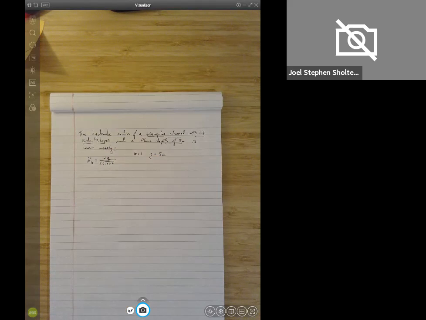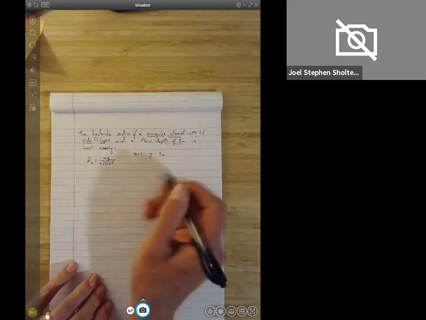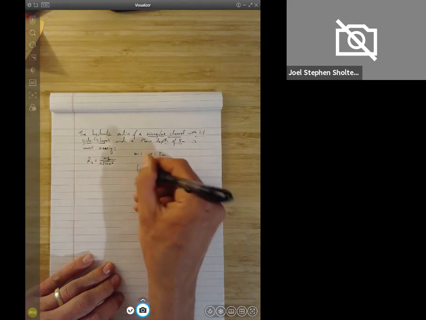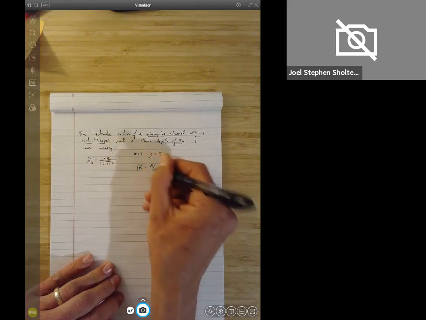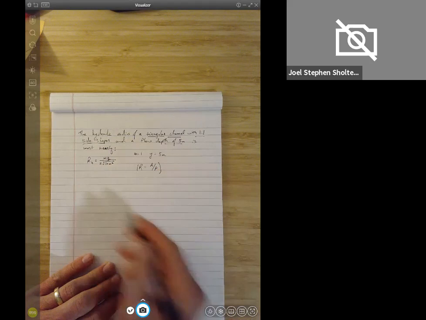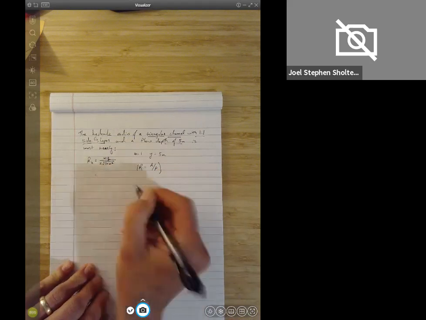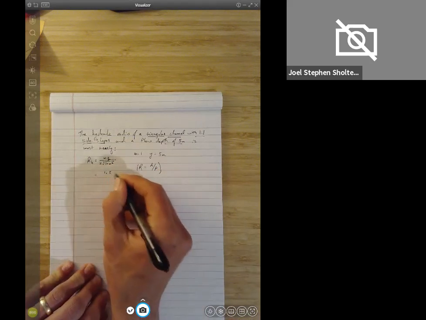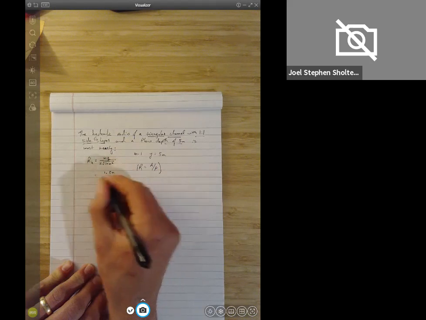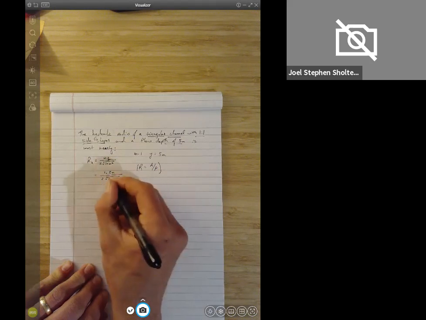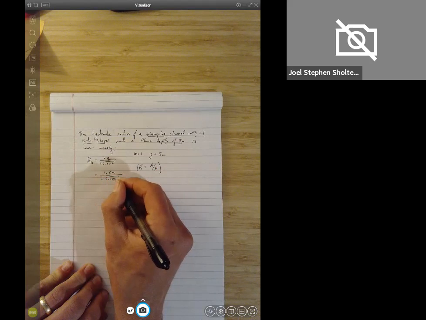It doesn't matter, it's just the formula for area of a triangle over the perimeter of a triangle. R is equal to area over perimeter. Okay, so let's just plug our numbers in. 1 times 5 meters all over 2 square root of 1 plus M squared.